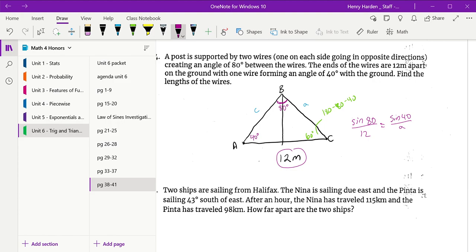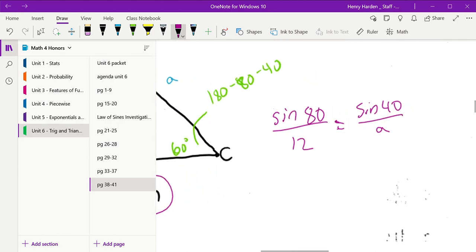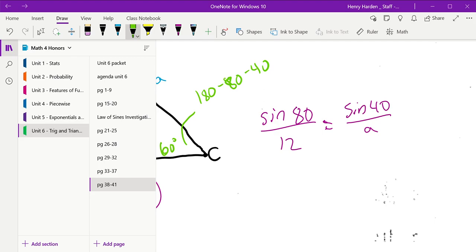Again, when you're solving this, we've done this a couple of times, but make sure that you are getting A out of that denominator. Since we're getting A by itself, we have to move all of this to the other side. So we're going to multiply by 12 on both sides.